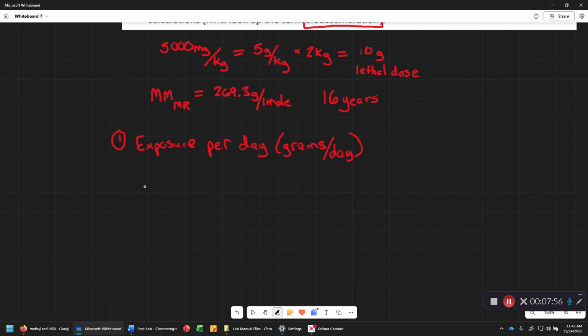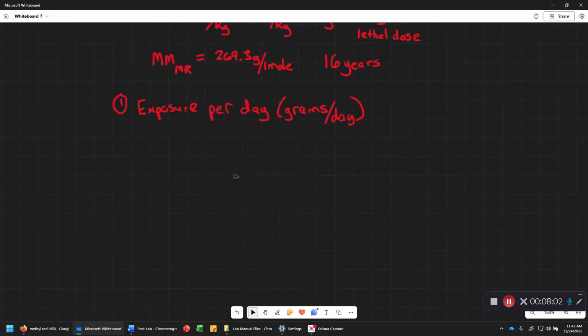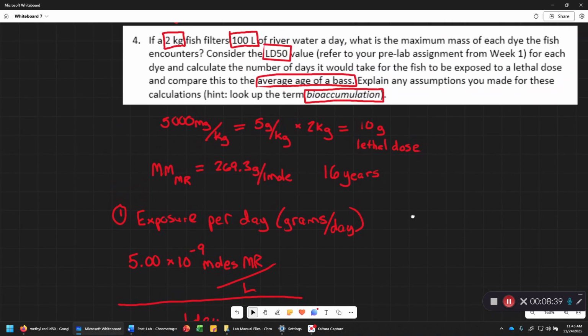All right, so the starting point is that concentration, 5 times 10 to the minus 9 moles of methyl red per liter of water, and all of this is over the course of 1 day. So the first step is to see how much it gets exposed to per day.